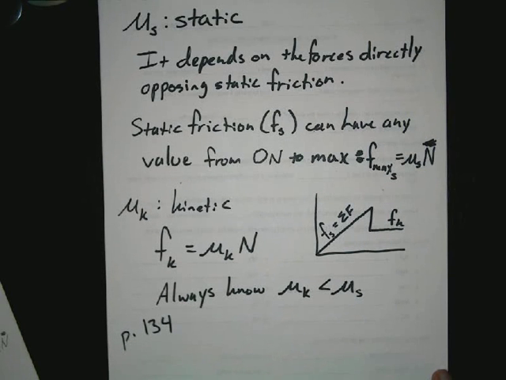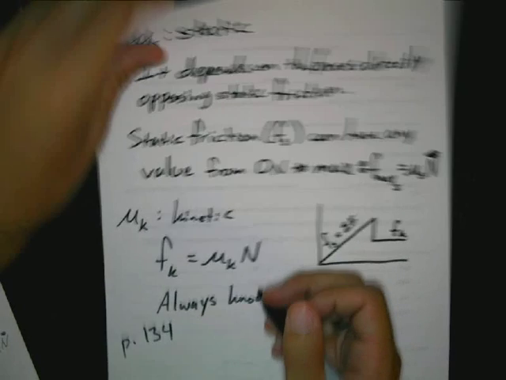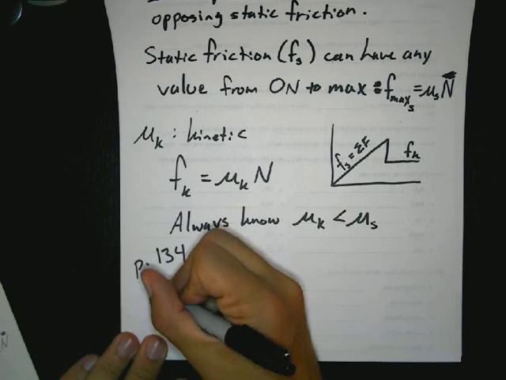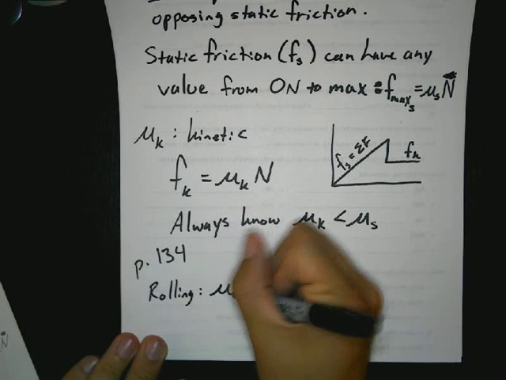And the last type of friction is rolling friction. And it's mu r.